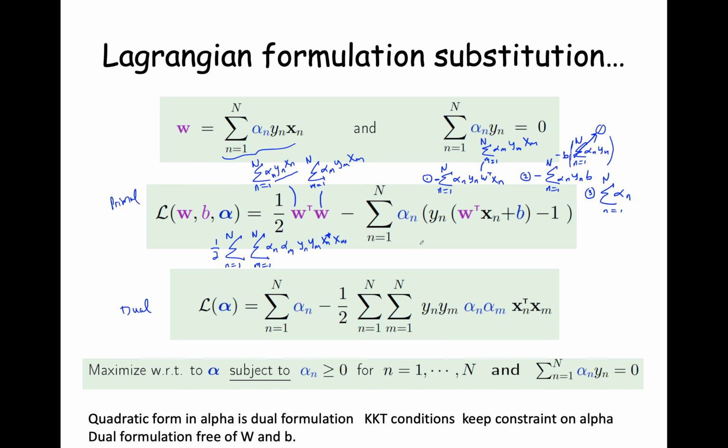That gives me minus the sum for n goes from 1 to big N of another sum, m goes from 1 to big N, and then I group together alpha n, alpha m, yn, ym, xn transpose xm.